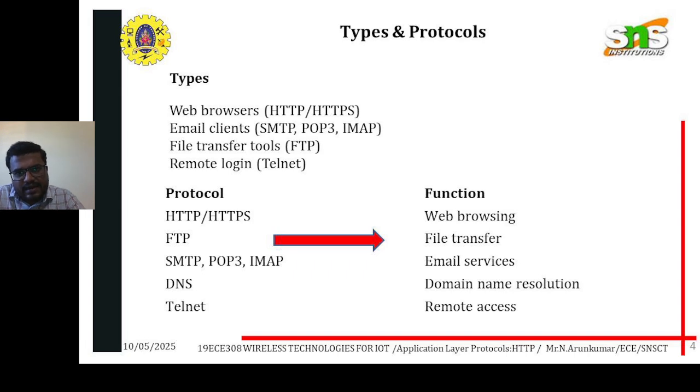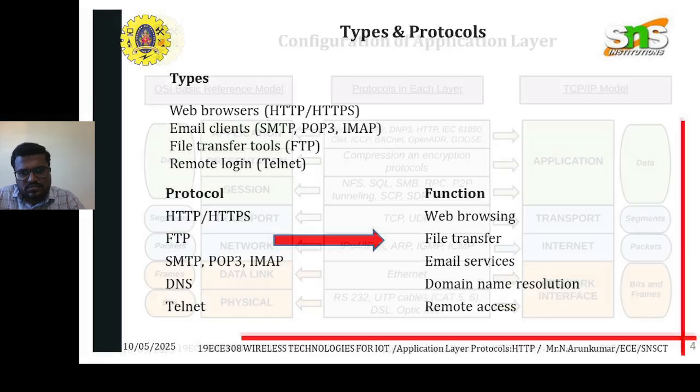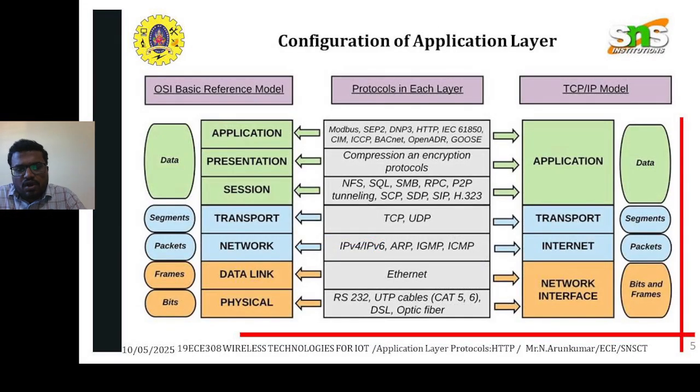For email clients, SMTP, POP3 and IMAP: Simple Mail Transfer Protocol, Post Office Protocol and Internet Message Access Protocol are used for the email service process. FTP is the File Transfer Protocol, DNS is the Domain Name System, and next is Telnet, Teletype Network, which is used for remote access. So these are the configurations of application layers by accessing protocols.